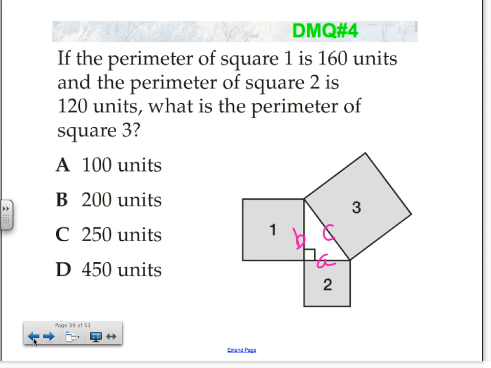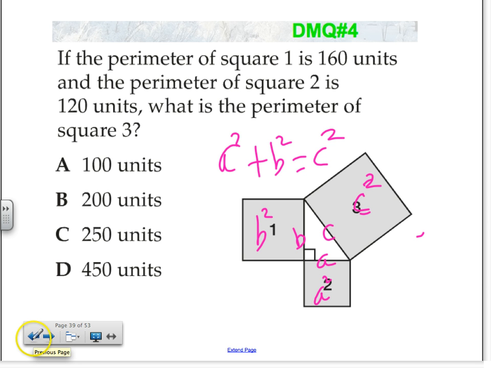By the way, what is the area of square 1? B squared, because B times B, right? And the area of square number 2? A squared. And of course the area of square 3 is C squared. And that's the reason why the Pythagorean theorem is A squared plus B squared is C squared. Okay, we're clear on how this came about.